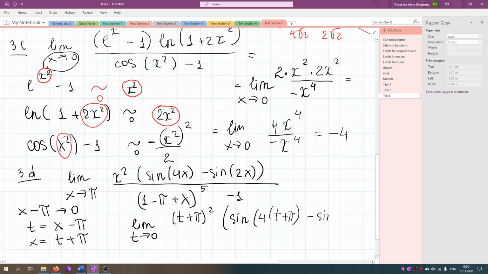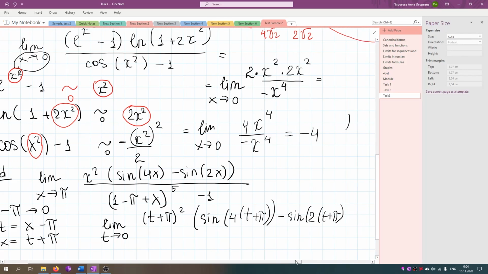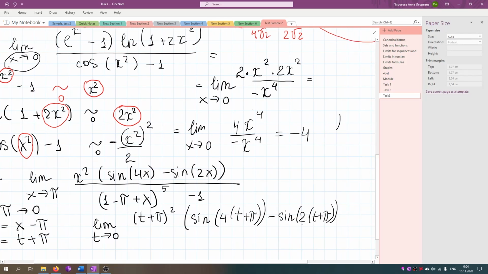Minus sine 2 multiplied by t plus pi, divided by, instead of x, we will write t plus pi, and this minus pi and plus pi will give us 0.